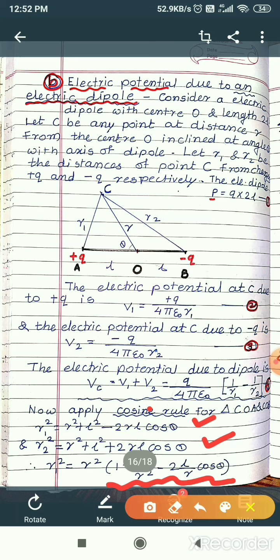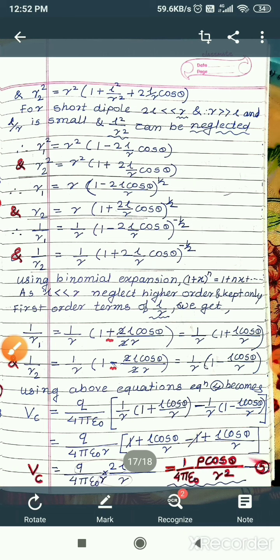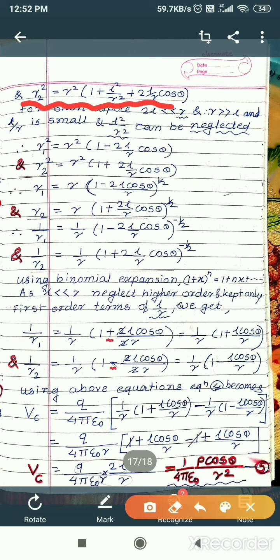Similarly, r2 square is equal to r square times 1 plus l square upon r square plus 2l upon r cos theta.